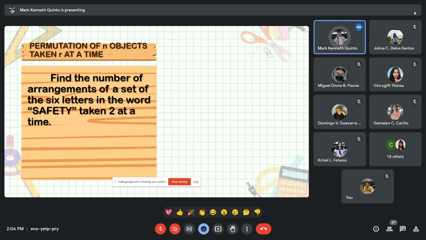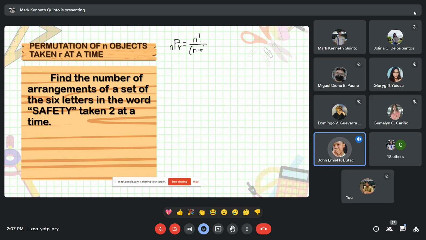That is actually permutation of n objects taken r at a time. So, if we're going to use the permutation of n objects taken r at a time, again, what is the formula? So, we have the permutation of n objects taken r at a time is equal to n factorial over n minus r factorial.